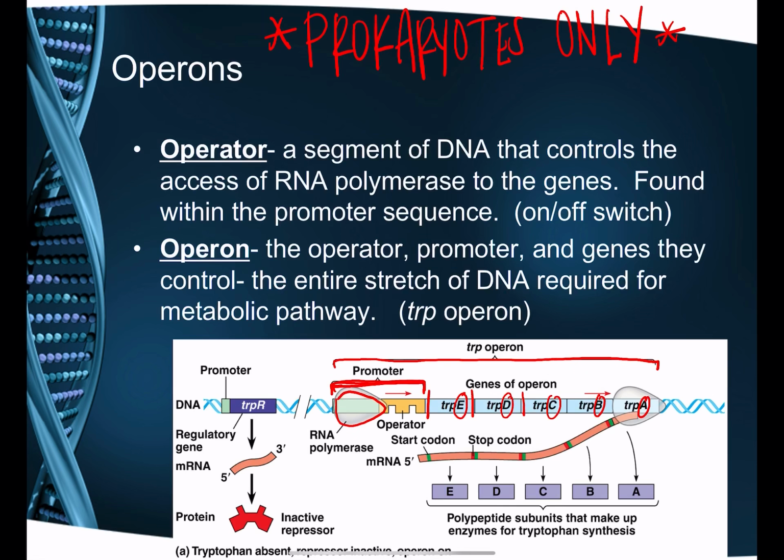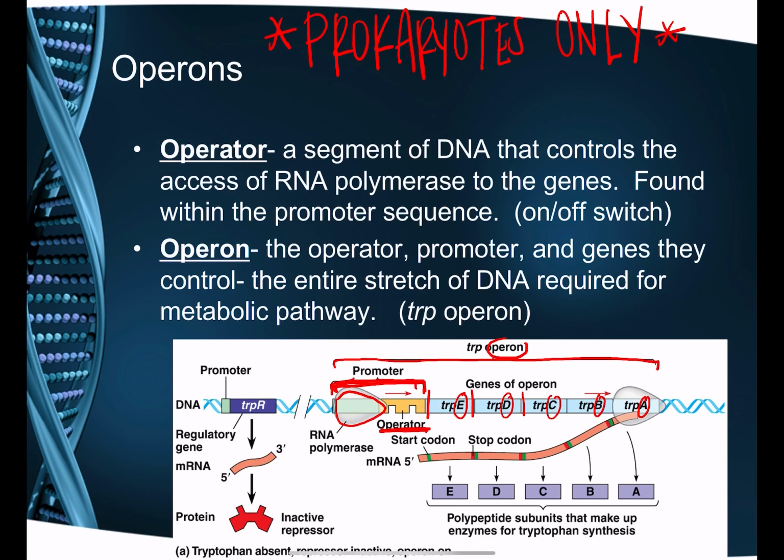But again, this operon includes the promoter and all of the genes that are within that promoter sequence, okay? So let's talk now about the operator. So what the operator is, it is also within this promoter sequence. It controls the access to that DNA pathway, okay?